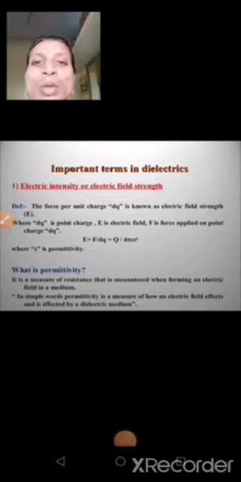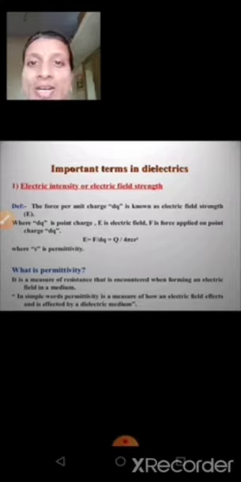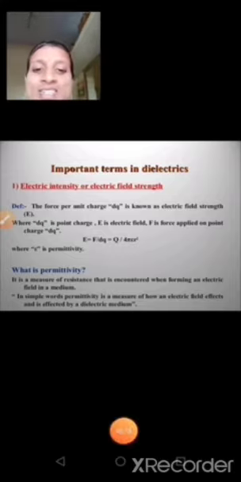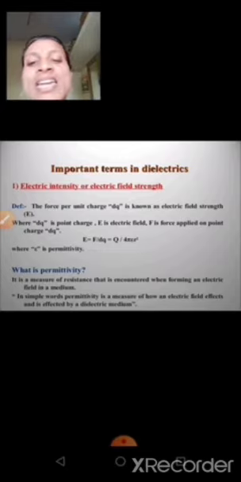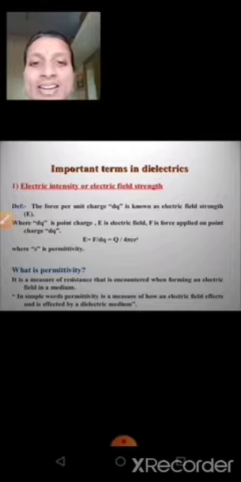Next, what are the important properties which we learn in dielectric materials? That is electric intensity. We call it electric field strength also. Here the force per unit charge is represented as electric intensity or electric field strength. Here dq is the point charge. We treat the charge in this lesson as a point charge, E is the applied electric field and F is the force acting on the charge.